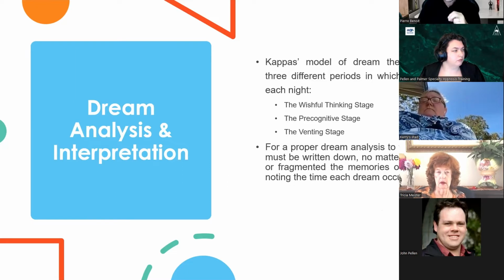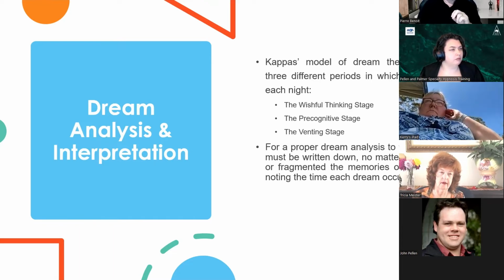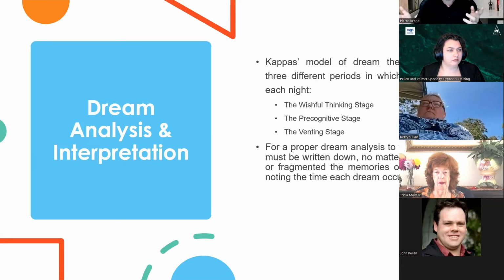And for a proper dream analysis to take place, the dreams must be written down, no matter how disjointed or fragmented the memories of them are, and noting the time each dream occurred. Okay, so when I'm doing this, I've had people bring me a full page, but I've also had clients bring me like 3 or 4 lines.